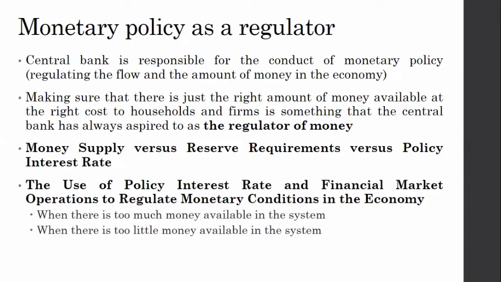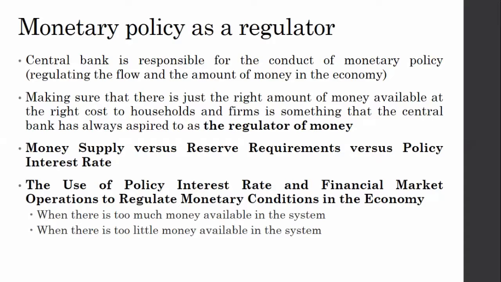So people will avoid taking more and more loans. Thereby, there will not be too much money issued by the commercial banks to the system because of the higher interest rate.